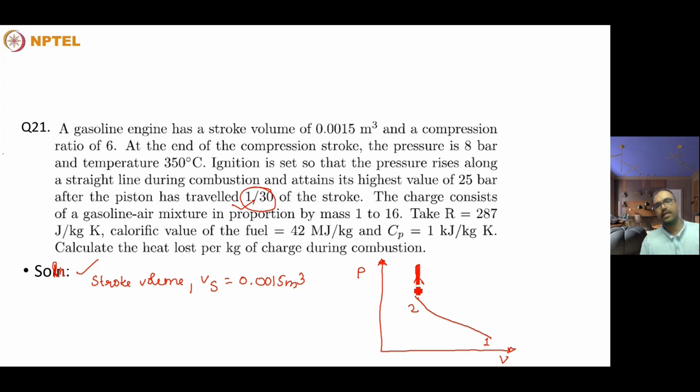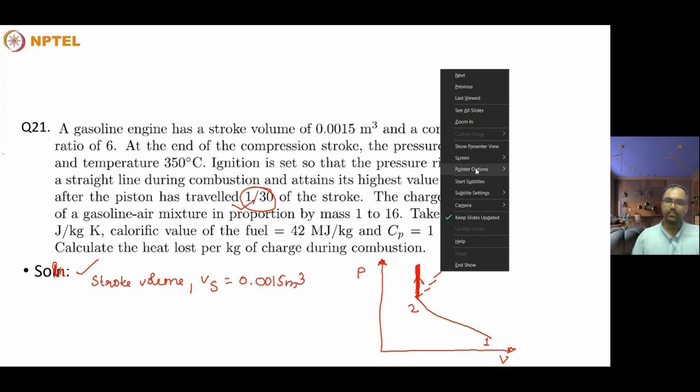Though it is an SI engine, the peak pressure doesn't occur at the clearance volume. In this particular problem, it happens at 1/30th of the stroke away from the clearance volume.